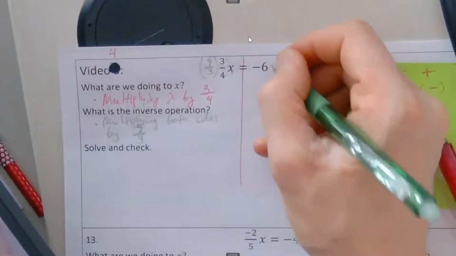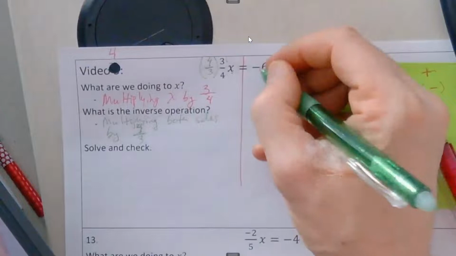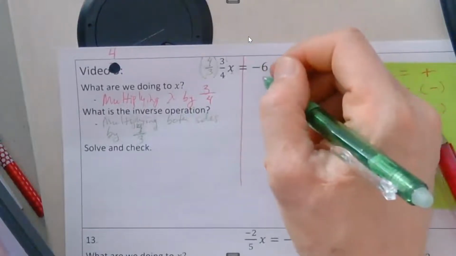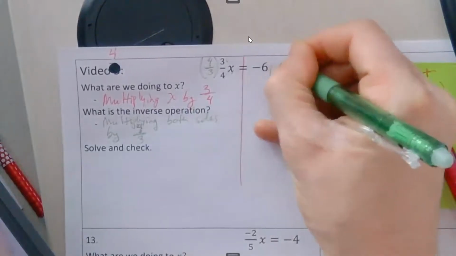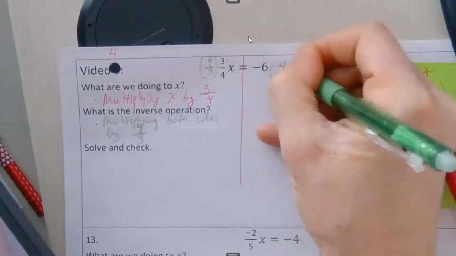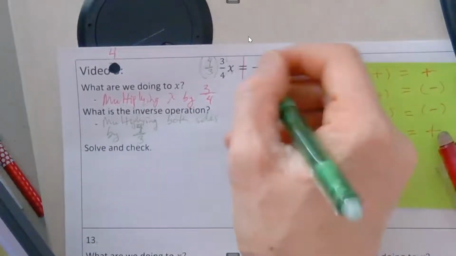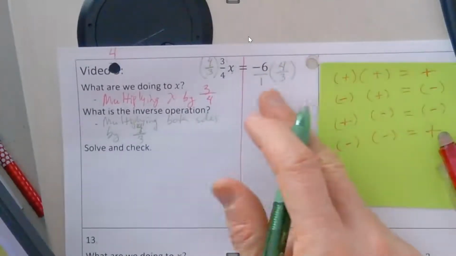Okay, so we have to multiply both sides by 4/3. So when we get over here to this integer, -6, that means it's not a fraction, integer. So to multiply that by 4/3, I need to think of my -6 as a fraction. To make this a fraction, I will think of that as -6/1. We'll come back to that in a minute.